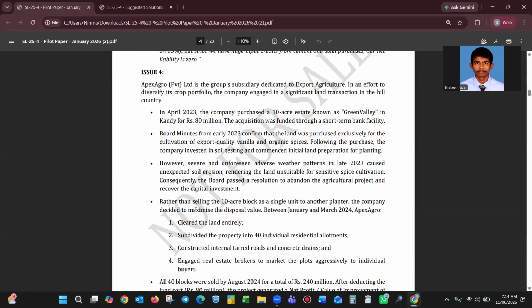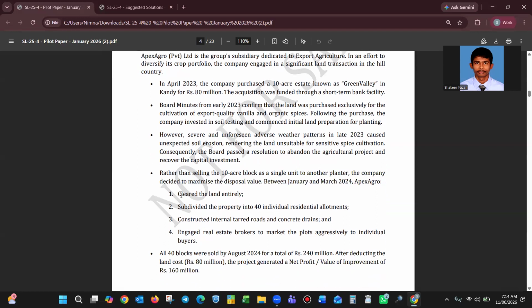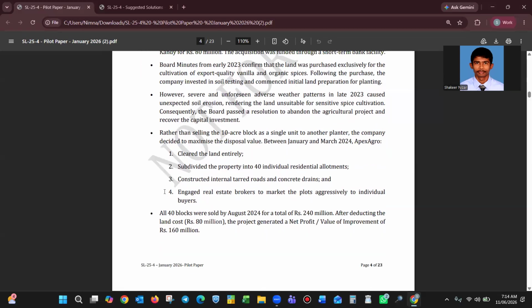Rather than selling the 10-acre block as a single unit to another planter, the company decided to maximize the disposal value. Apex Agro cleared the land entirely, subdivided it into 40 individual residential allotments, constructed internal roads and concrete drains, and engaged real estate brokers to market the plots aggressively to individual buyers.